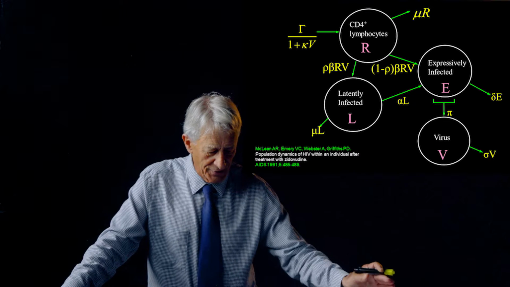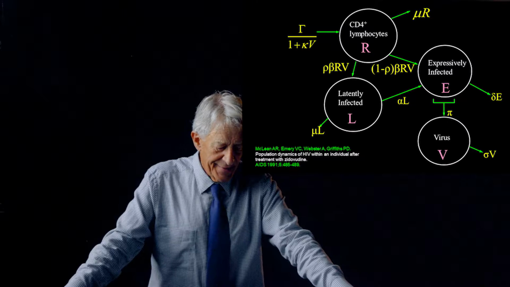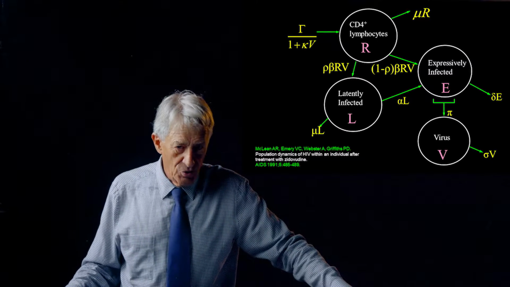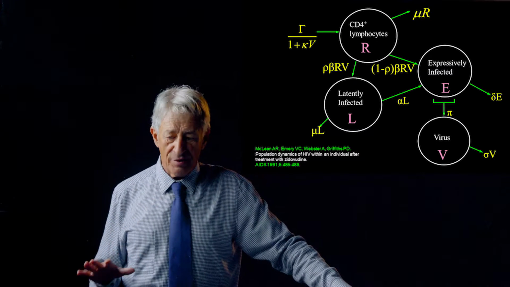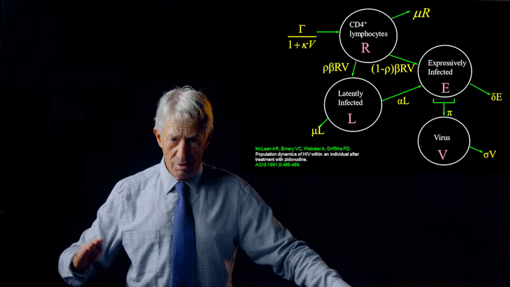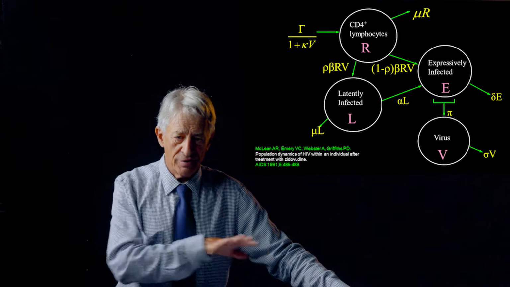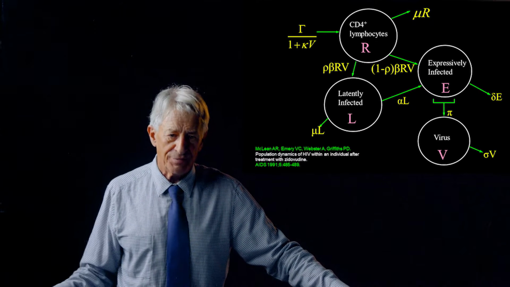You could basically write the equations from staring at the diagram. And they generated a number of very interesting predictions about the rise and fall of the viremia post-HIV infection.